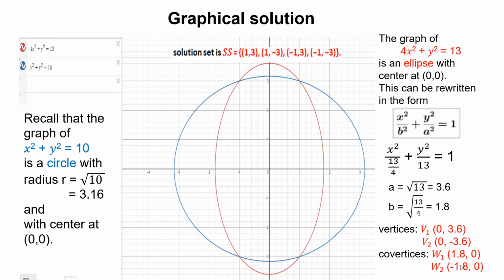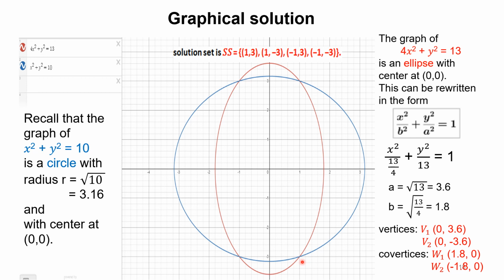These points are the point 1, 3. So you have x is equal to 1 and y is equal to 3. This is the point 1, 3, this one. And the point 1, negative 3, this one.